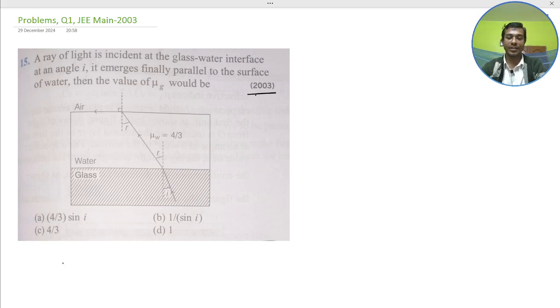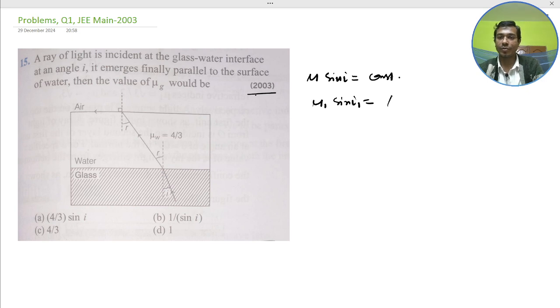Just apply Snell's law: mu sin I is constant. So mu 1 sin I1 is equal to mu 2 sin I2.